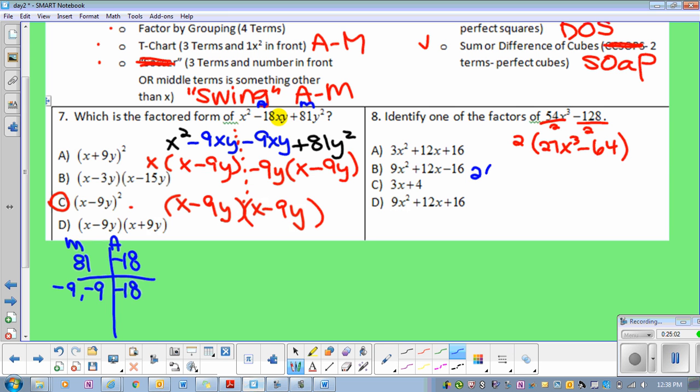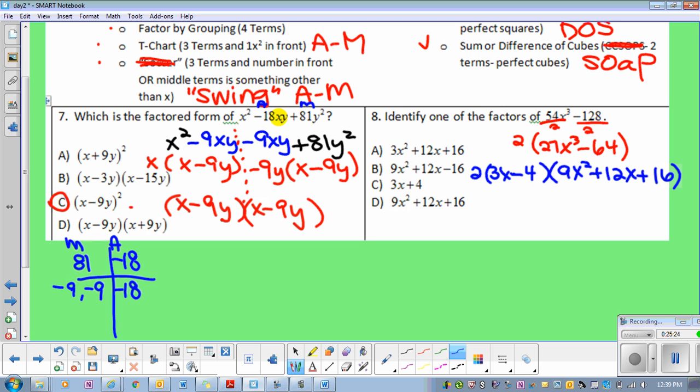So 2 times 3x minus 4, 9x squared plus 6, right? Are we okay with that?